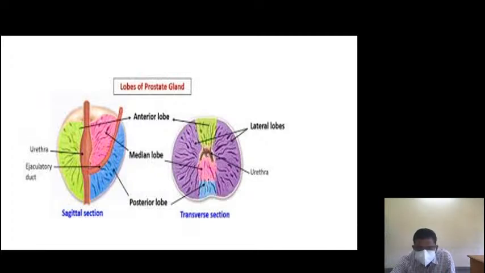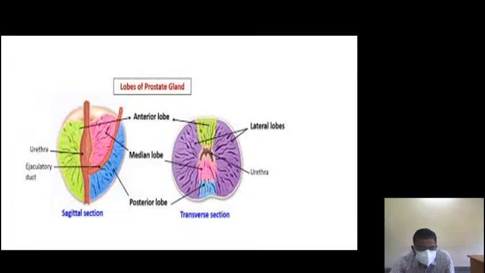This region is called the median lobe, and the posterior most part, in blue color, is called the posterior lobe of the prostate. In this way we can see surgically there are 5 lobes: anterior lobe, median lobe, posterior lobe, and 2 lateral lobes.